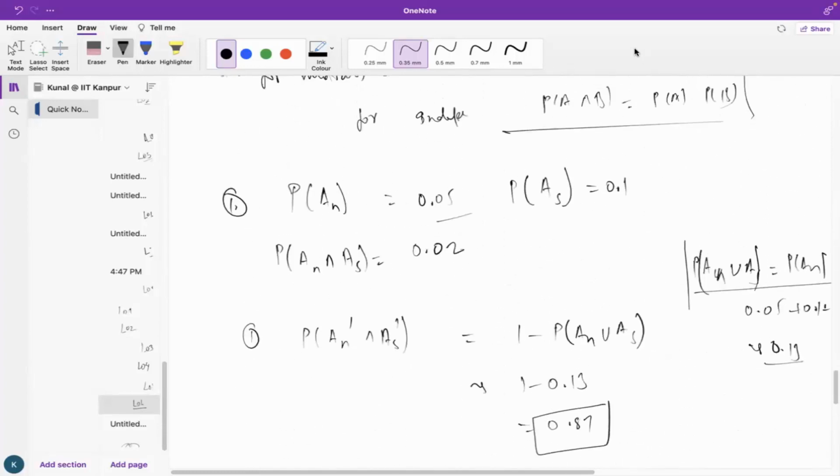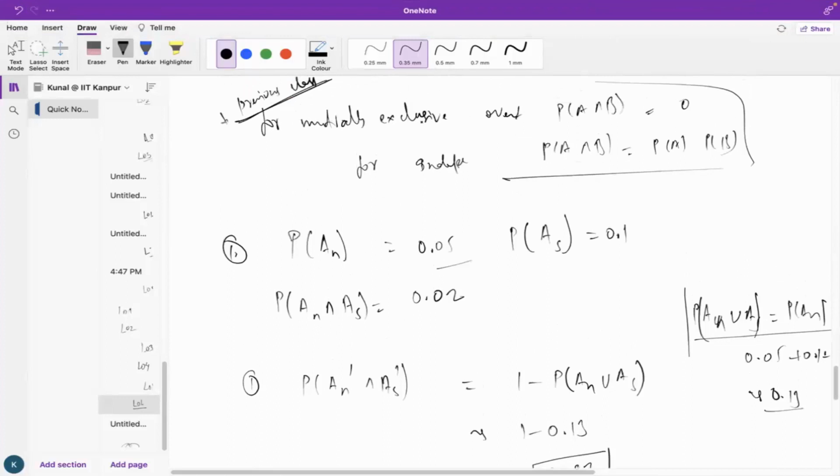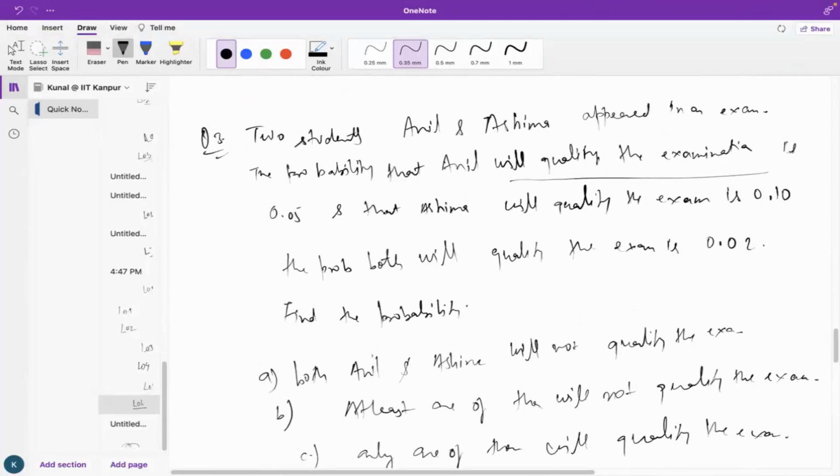Okay, let me explain this question once again so it will be clear to all of you. There are two students, Anil and Asima, and both sat in the exam. From this you can tell that this is an independent event, because one of them passing or failing does not affect the other. What is given is that the probability that Anil will qualify the exam is 0.05.